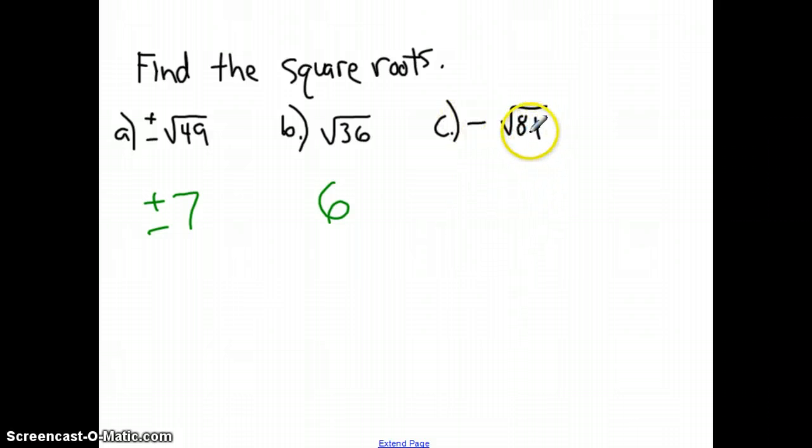And here, we want to find the square root of 81. Well, 9 times 9 is 81. There's a negative sign out here indicating that we want the negative answer there. So if you see the plus or minus, you want both those answers. If there's no symbol, we assume that it's positive, and if you see the negative symbol there, that means we want the negative version of the square root.